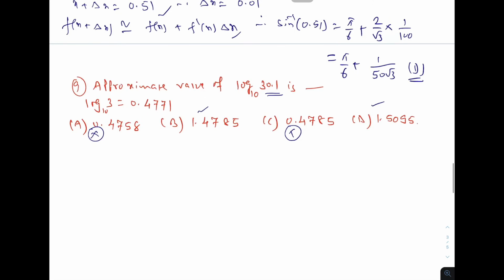Certain things you can easily do, because log 30 base 10 is nothing but log of 10 into 3 base 10. So log 10 base 10 plus log 3 base 10. So this is 1 plus log 3 base 10. And log 3 base 10 is 0.4771.